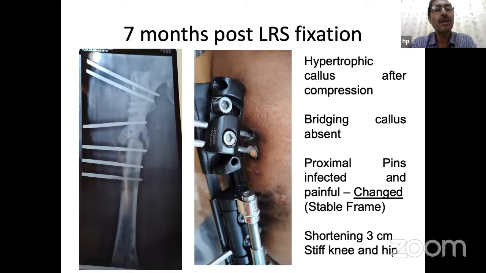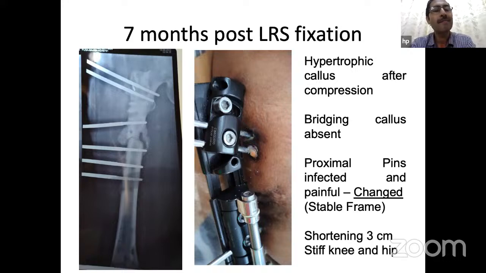And due to loosening of the pin, we had to change the pins in the proximal fragment of the femur, and there was 3 centimeters of shortening with a stiff knee. Since there was lack of bridging callus, we planned to start the accordion maneuver.